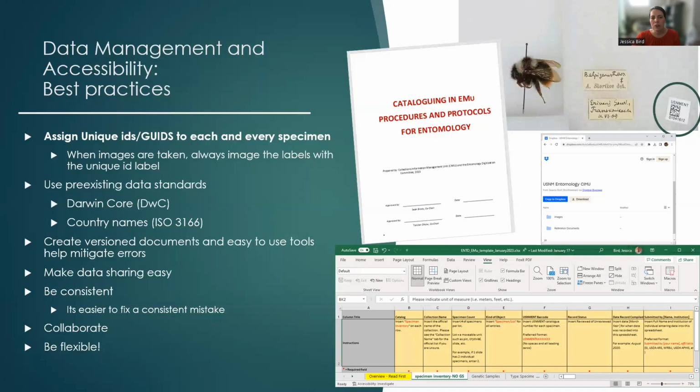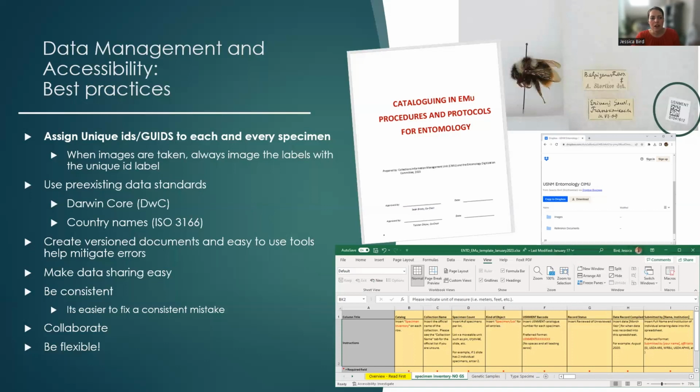One recent example of this is that we discovered we had a lot of geography data that was flagged in GBIF. It turned out that we were not fully following the ISO 3166 data standards. After realizing this, we made changes to our cataloging protocols, and were able to update our user manuals to ensure that our data could be easily used across sites.